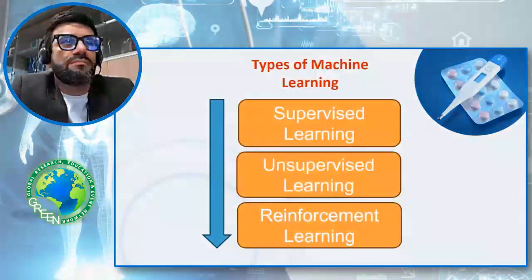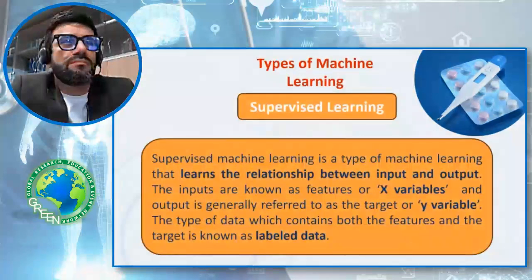About the types of machine learning, we have three major types: supervised, unsupervised, and reinforcement. In supervised learning, we train models using labeled data, which means we have input and output pairs. In this type of learning, the model learns to predict the output from the input.